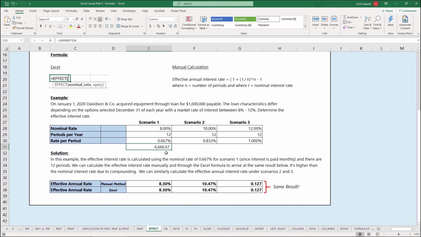In period 2, if the loan is still outstanding, then the loan balance would be $1 million plus the $6,666.67, and that gives us a greater amount, and if I were to multiply that amount by the rate per period of 0.667%, then I get interest for period 2 of $6,711.11. As you can see, the interest is growing as the loan balance increases.